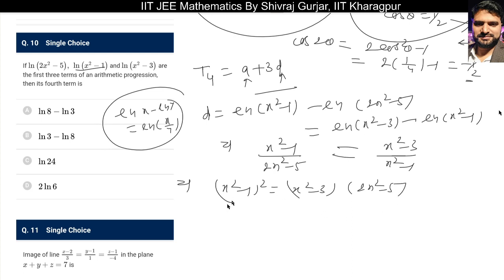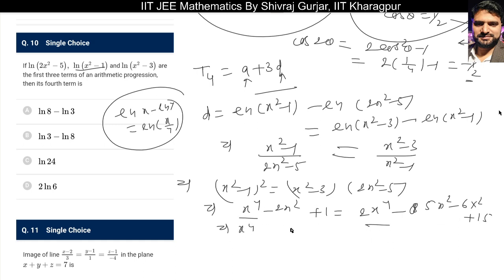If we solve this, it is x4 minus 2x square plus 1 equals 2x4 minus 5x square minus 6x square plus 15. So that will be x4 minus 11x square plus 14 equals 0. Wait, combining terms gives x4 minus 9x square plus 14 equals 0.